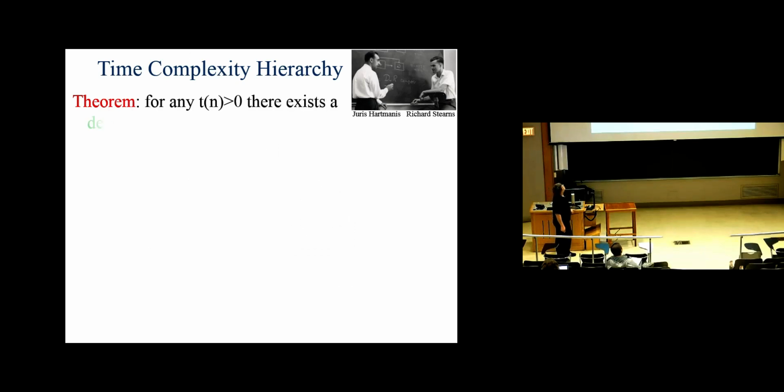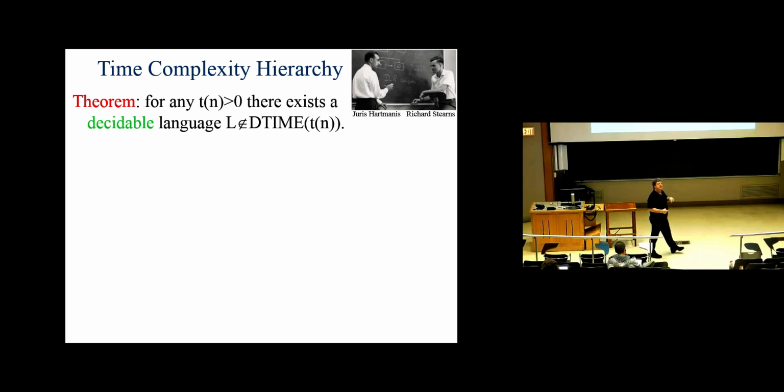Okay, so let's talk about the complexity hierarchy. So you might think, okay, we defined a lot of complexity classes in terms of time and space, right? There's linear time and quadratic time and cubic and quartic and quintic time, and then there's all polynomial time, and then there's exponential time, and then there's super exponential time.